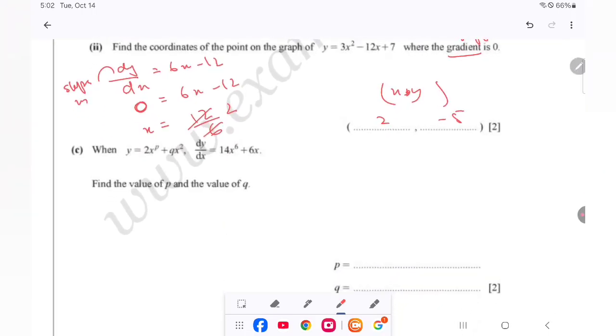Now when y equals 2x to the power p plus qx to the power 2, and when we take the derivative of it, it will give you 14x to the power 6 plus 6x. Find the value of p and the value of q.